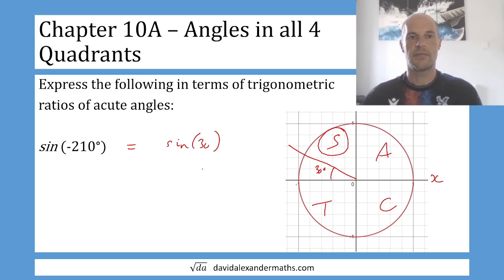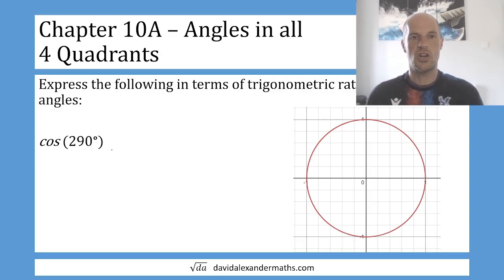Okay, here's another one, the cos of 290. So here I'm measuring, it's a positive angle, so I'm measuring it in an anti-clockwise direction. 180, 270, so 290. I need to measure the angle that has been created between our line and the horizontal axis, the x-axis.